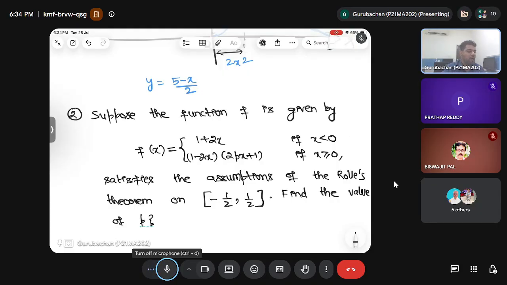We know that our function must be continuous in this whole interval, must be differentiable inside this interval, and f of minus half must be equal to f of half. So try this one, then I'll let you know whether the answer is correct and we will discuss it. First of all, try it on your own and tell me the value of p.